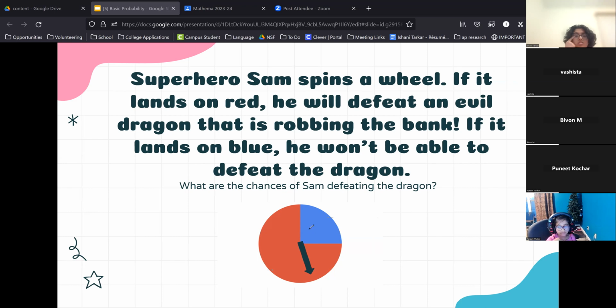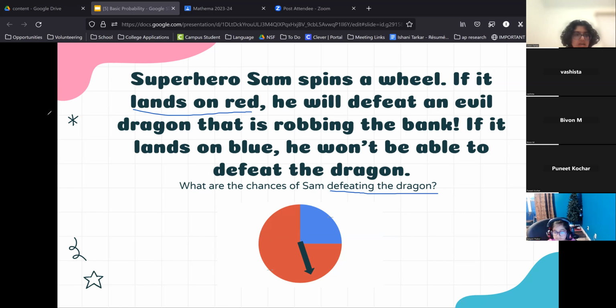But basically, the total number of desired outcomes are where he would defeat the dragon, so if he lands on red, right? In probability, we divide everything into equal parts, which basically means that everything has an equal chance of occurring.